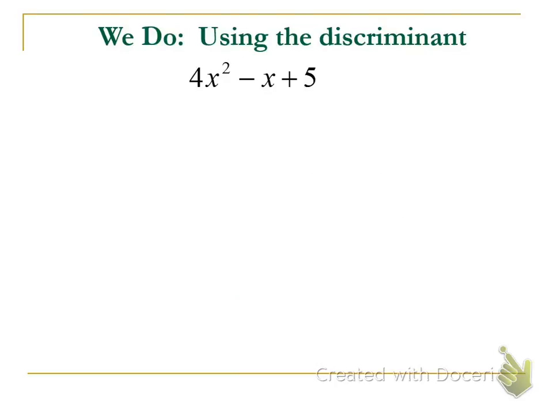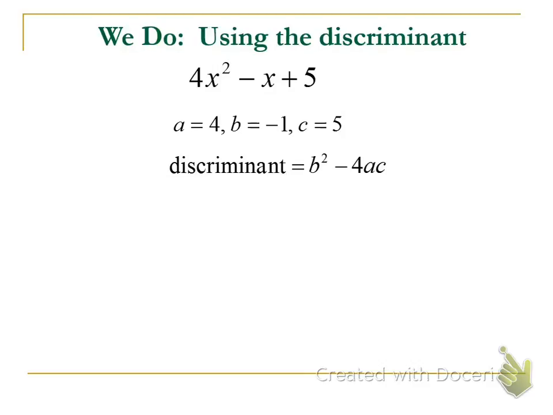Okay, let's take a look at this one. If I have 4x squared minus x plus 5, I know that A equals 4, B equals negative 1, and C equals 5. We want to look at the discriminant to decide how many real solutions this quadratic has. So I would say b squared minus 4ac, so that would be negative 1 squared minus 4 times 4 times 5.